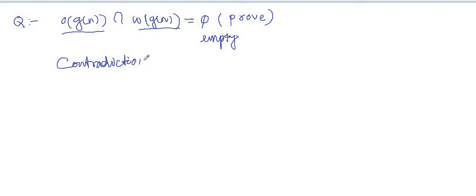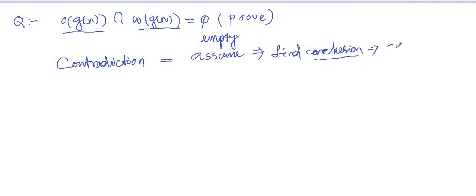What we do in the contradiction method, we assume something. Then due to our assumption we find some conclusion which contradicts the fact.